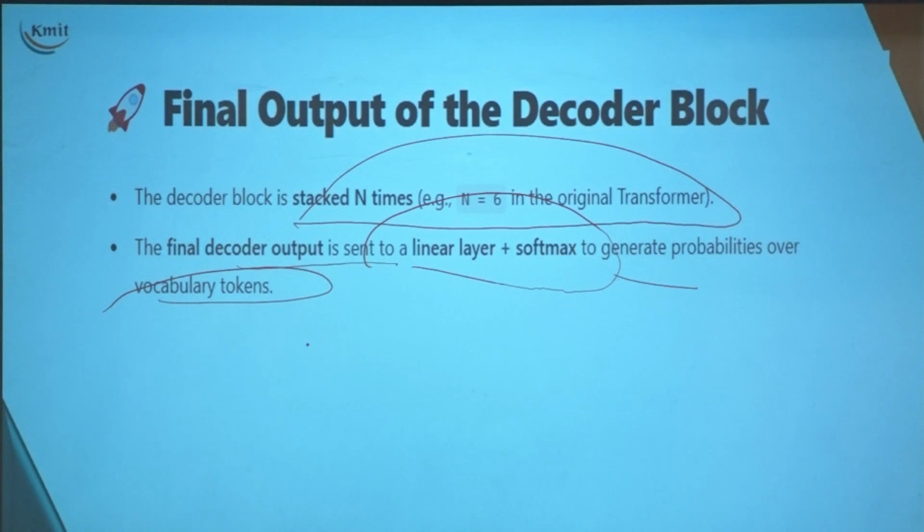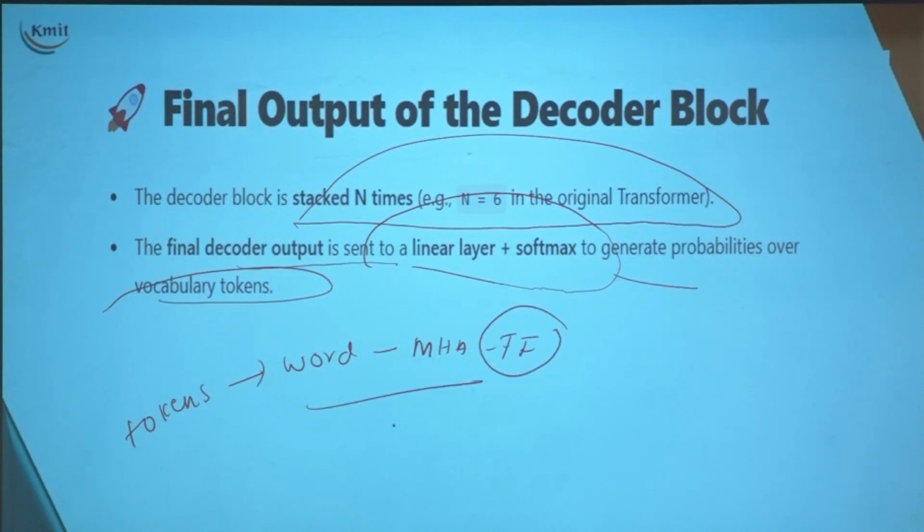Vocabulary tokens. So tokens are taken as inputs, converted to word embeddings, given to what? MHA and feed forward network. This is the encoder. Here I get features which are again given to what?